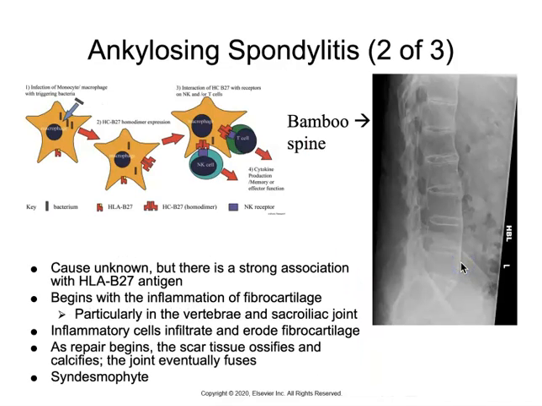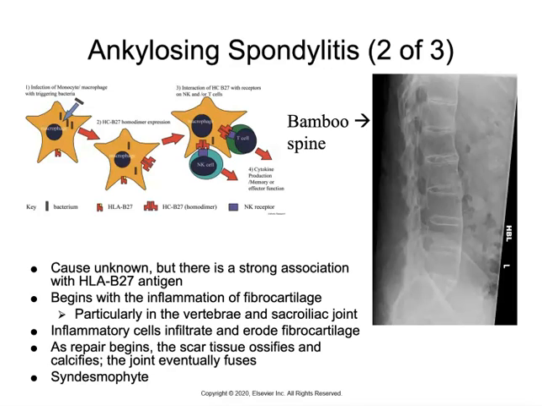And unfortunately, the cause is unknown, but there is a strong association with HLA-B27, though it's not solely genetic. We do see that it is more common in men and often diagnosed before the age of 40.